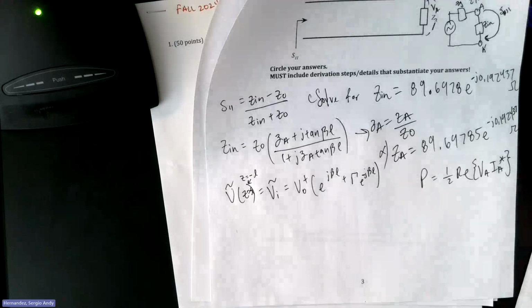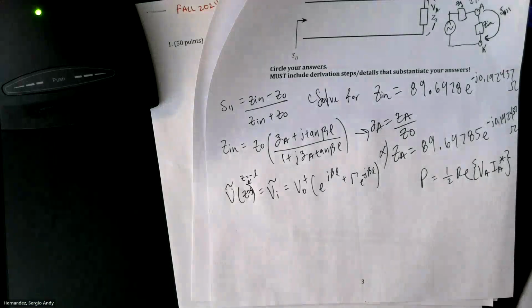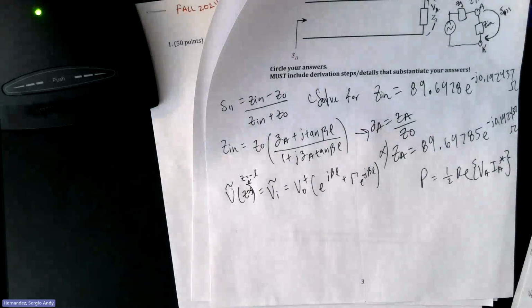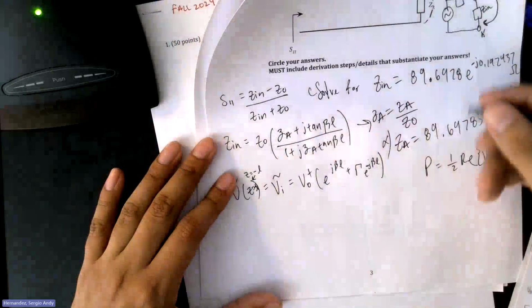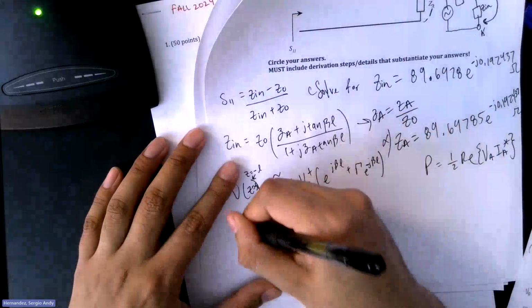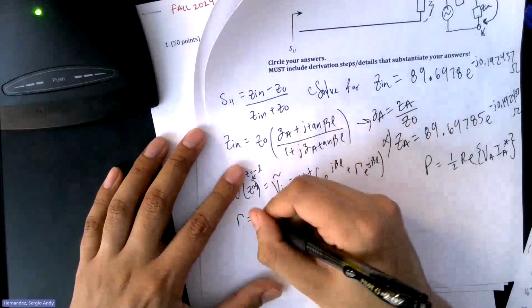Okay, so now we're able to solve for our gamma right here, since we already got ZA from part A.